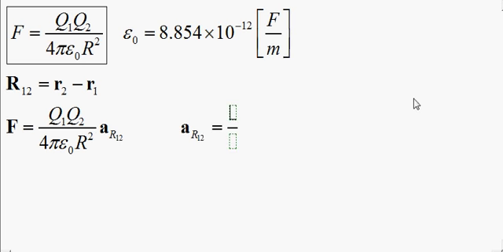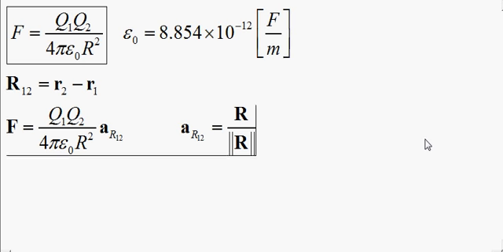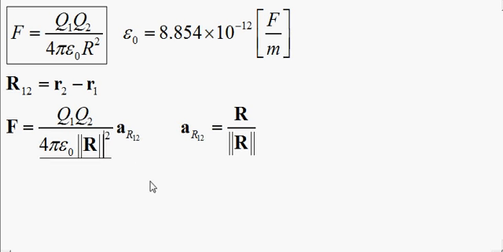That's going to be vector R over the magnitude of vector R. A lot of times we'll just rewrite this as just R, but I'm going to keep it in magnitude form, just so it's consistent.